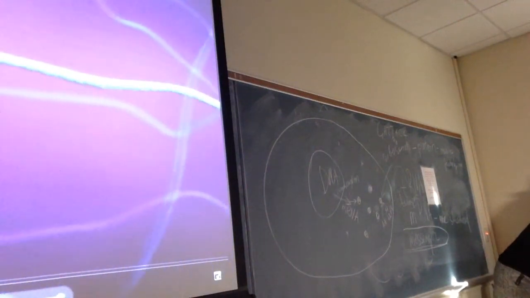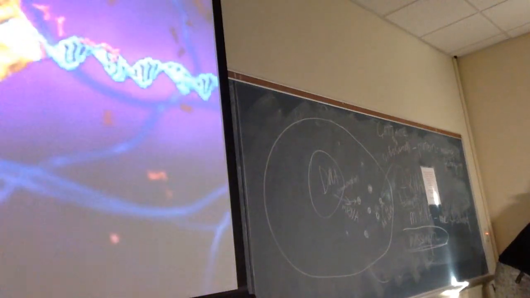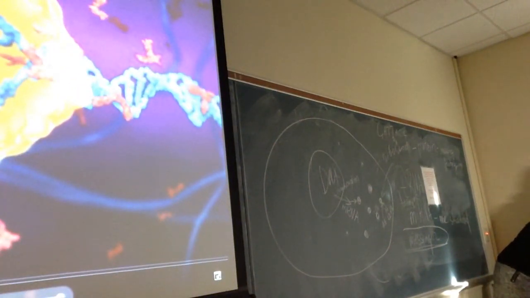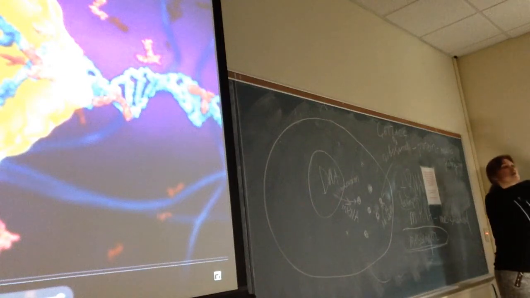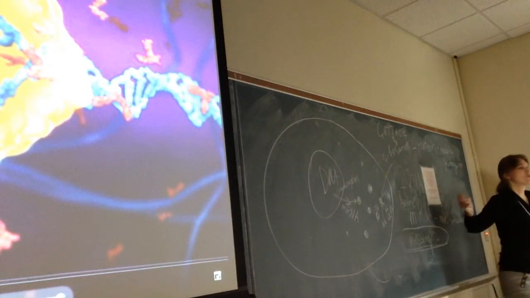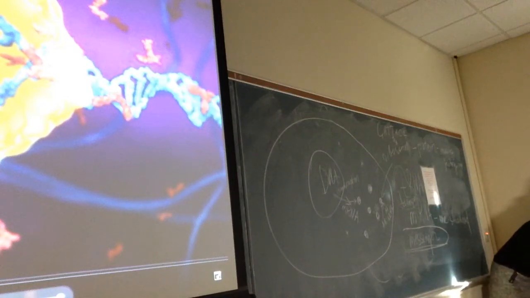An enzyme zips along the DNA, forming RNA, shown here in red. Look at that beauty. This is the double helix of DNA, and what the enzyme does is pull it apart because it needs to get to the code. Here's one strand of DNA, here is another strand of DNA.